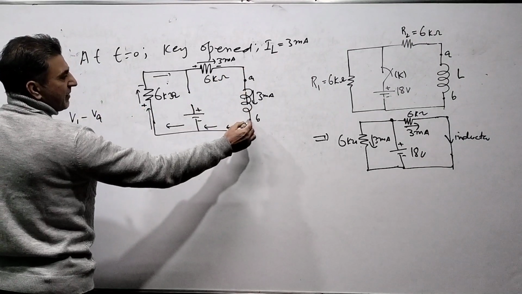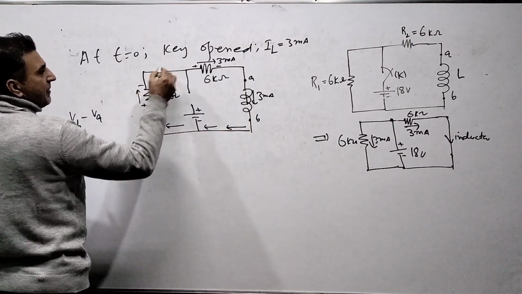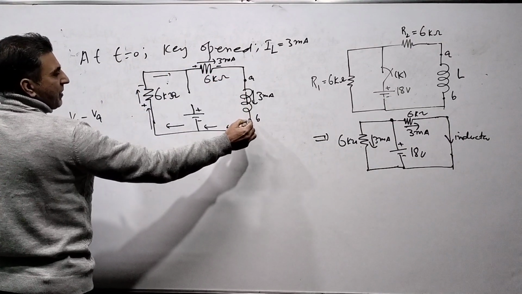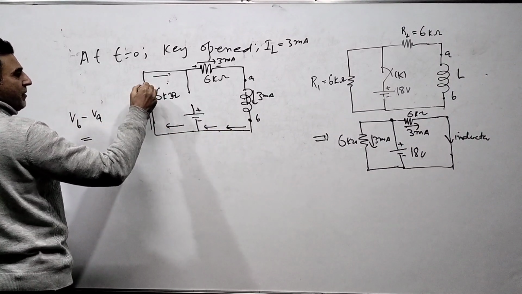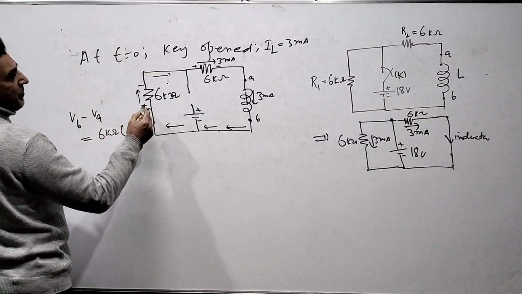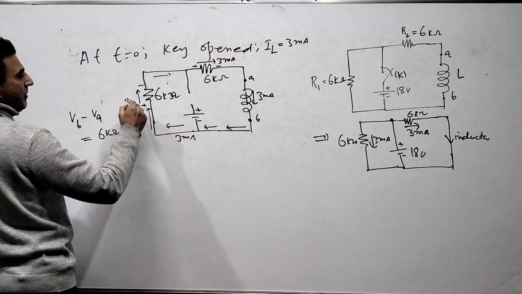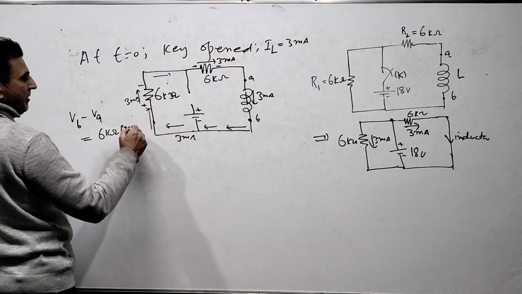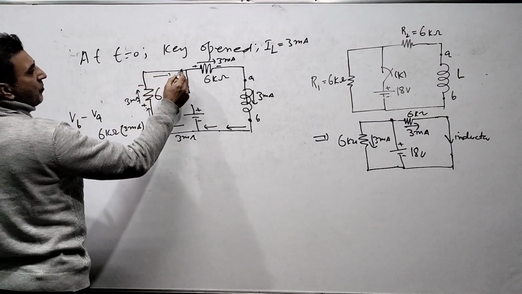So जाइए यहाँ से, sum the voltage up to here, from here to here. So potential here, VB minus VA is, यहाँ से जाइए, यहाँ से potential drop. Potential drop is 6 kilo ohm into 3 milliamperes, because 3 milliamperes is the current flowing. Plus voltage drop.